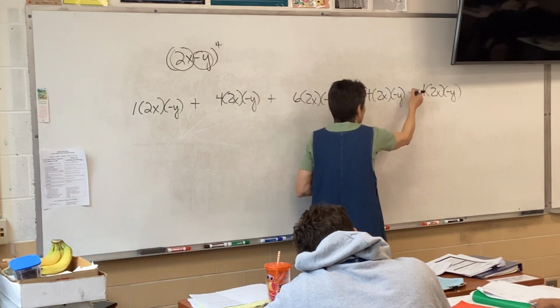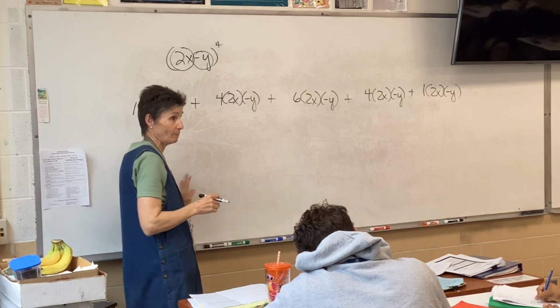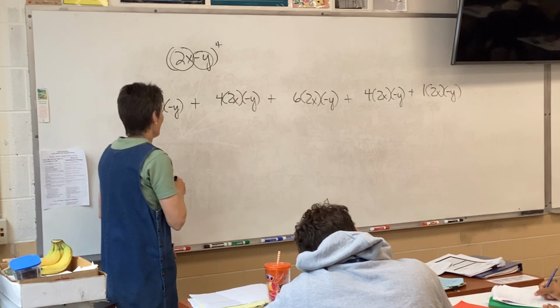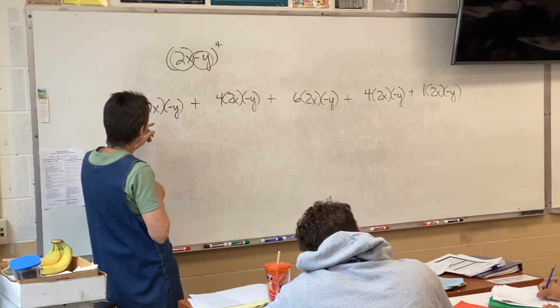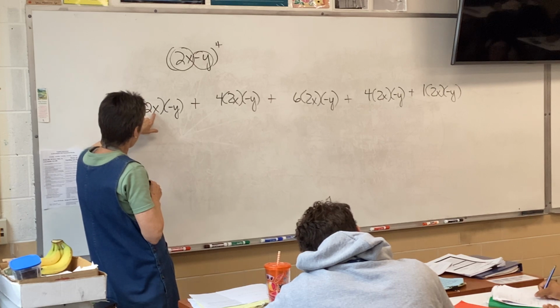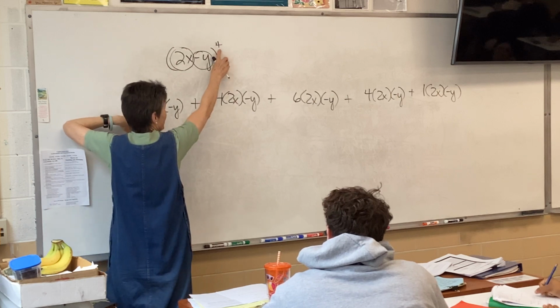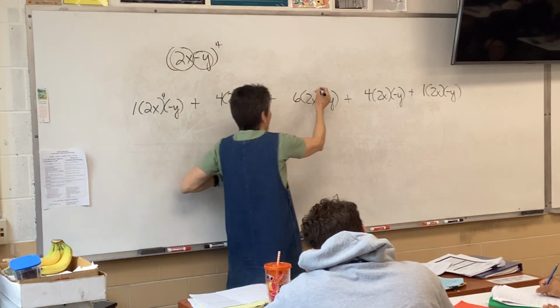I'll put plus signs in there to separate the terms. Each of those is an individual term like I had before. And now I simplify. Oh wait, I need my exponents. I need my powers. So what's my power right here on the 2x? The power is going to be 4, and it's going to count down.